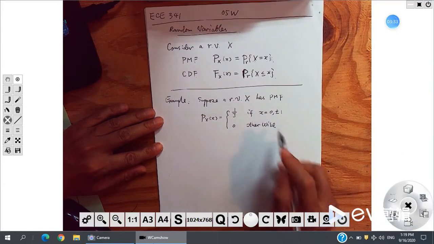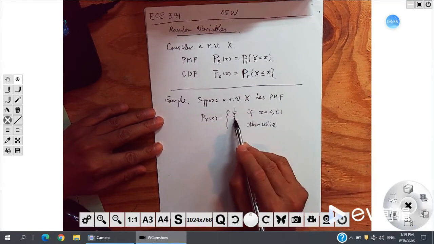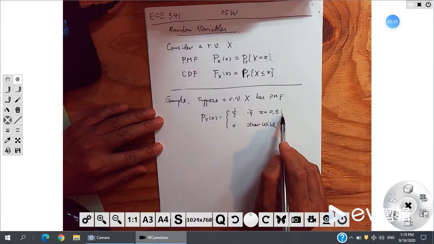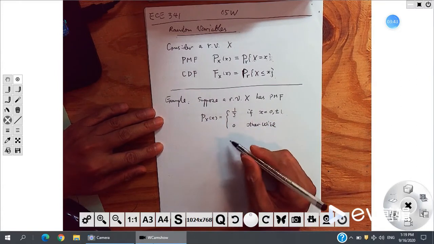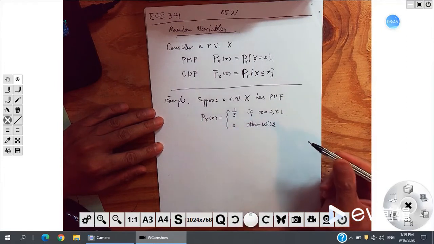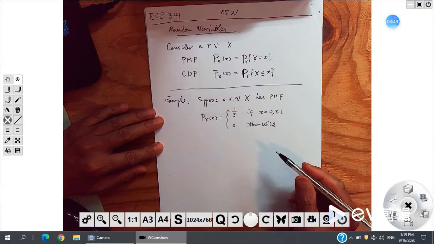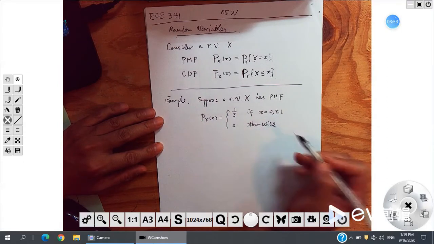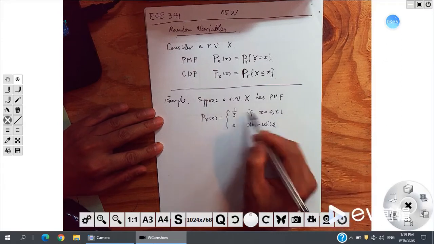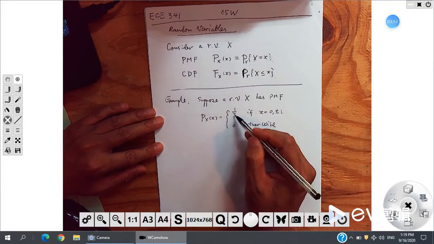For any other x it is 0. So if there is an experiment and you measure some value from it, the possible values are 0, 1, and negative 1, and each one has the same probability, 1/3, right?